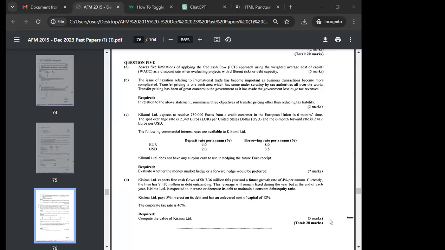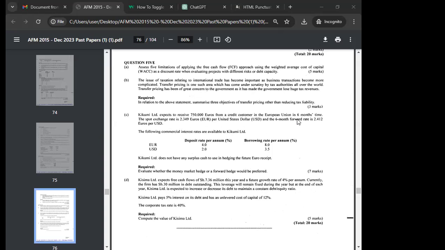Hata niandike tu hivi. The other one is 2.4212, then euros against USD. That is a spot rate. That is a rate in 6 months. The 6 months, that is forward rate. Now the spot rate is this one.